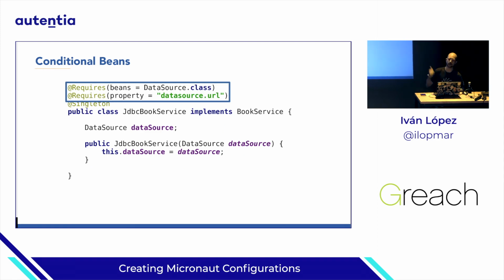In this example, we are saying, in order to create this bean, JdbcBookService, I need a DataSource bean, and I also need the property datasource.url defined in the configuration. If any of those conditions in @Requires is false, this JdbcBookService bean is not going to be created, because if you don't have a data source, you cannot use it, right? The data source is used in the constructor, so there's no point in trying to create this bean because it's going to fail without a data source.